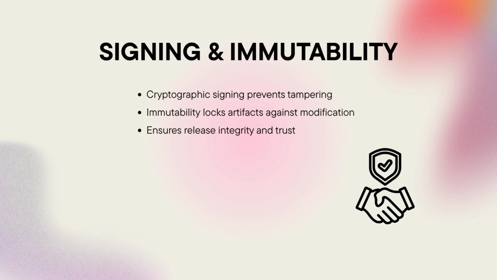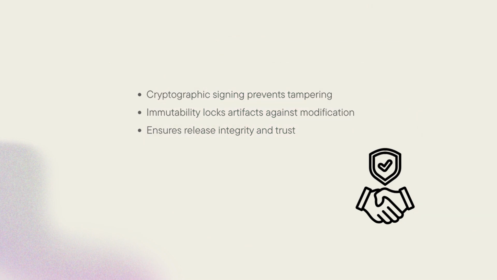Once stored, the binary and its metadata are locked, guaranteeing audit trails remain trustworthy. This is especially critical in regulated sectors like healthcare or finance, where unauthorized changes can have severe consequences. Signing and immutability together ensure that only verified, approved models can move through the release pipeline with confidence.